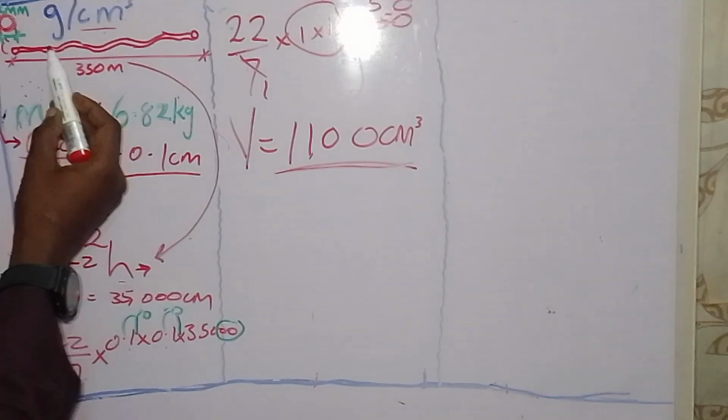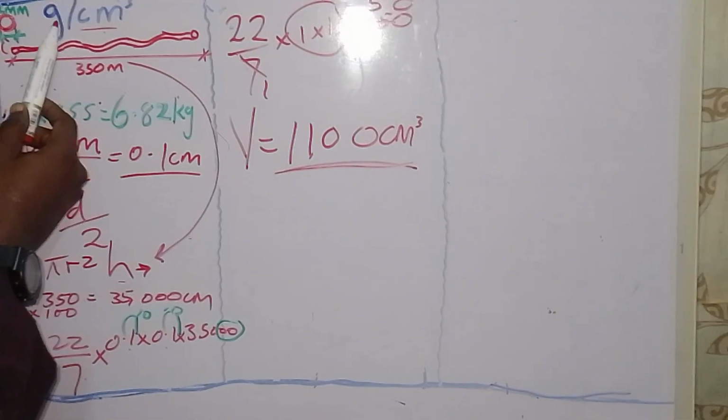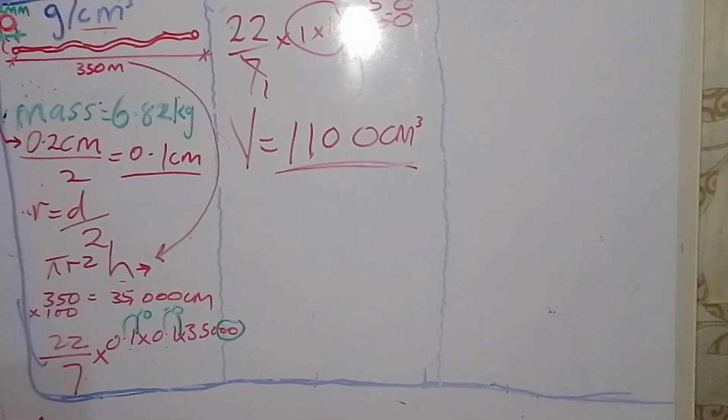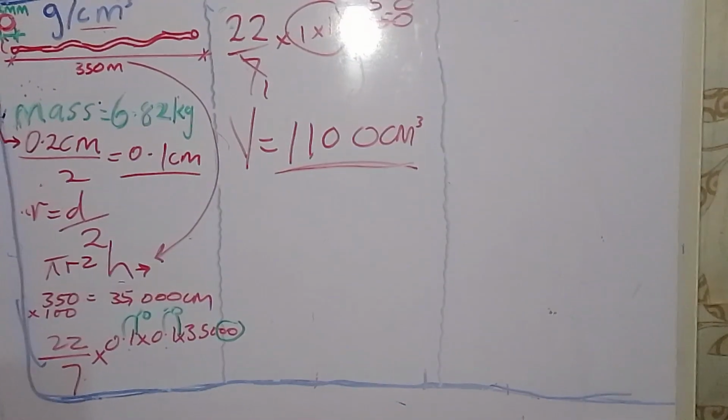The question asks you to give your density in gram per centimeter cube. Now you need to know the formula for density. The formula for density is mass over volume.